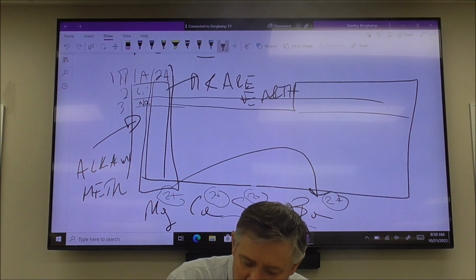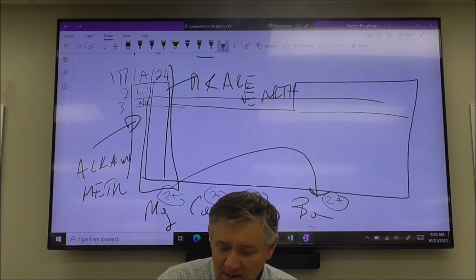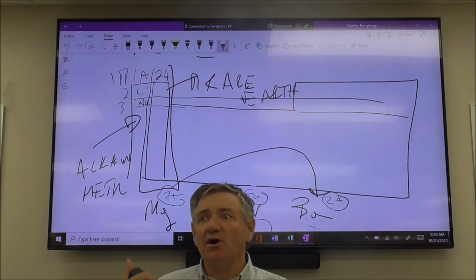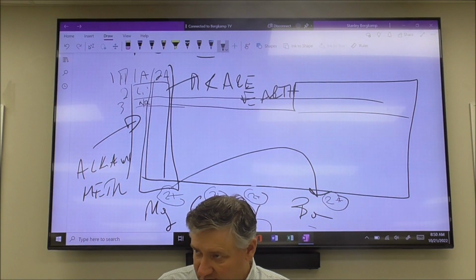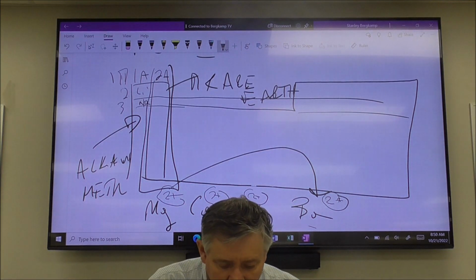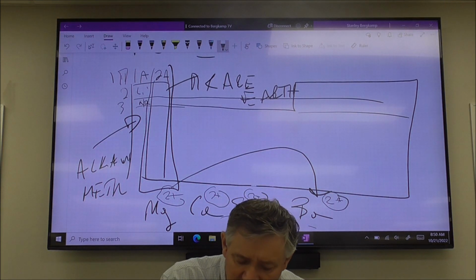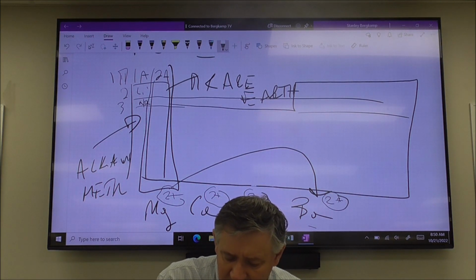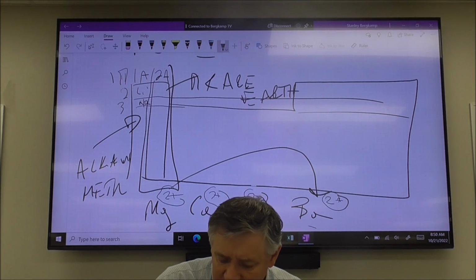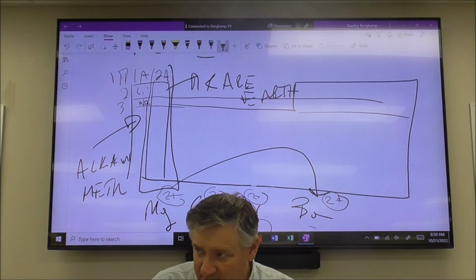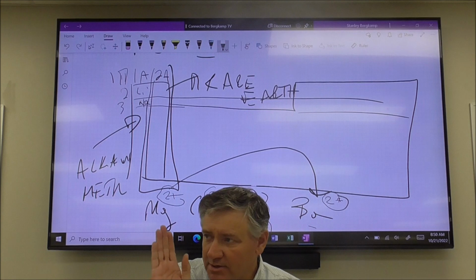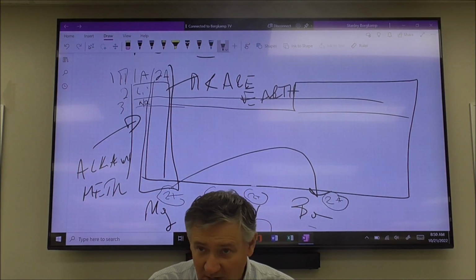The highest one is magnesium, so magnesium has the strongest attraction for its electrons. On 7a, it says, describe the periodic trend of the ionization energy of the elements within a group. You're talking about a group, right?